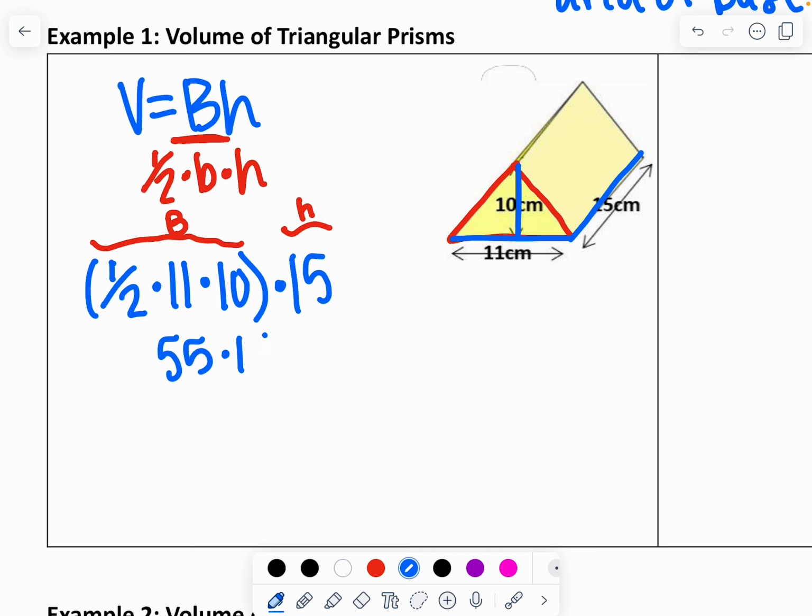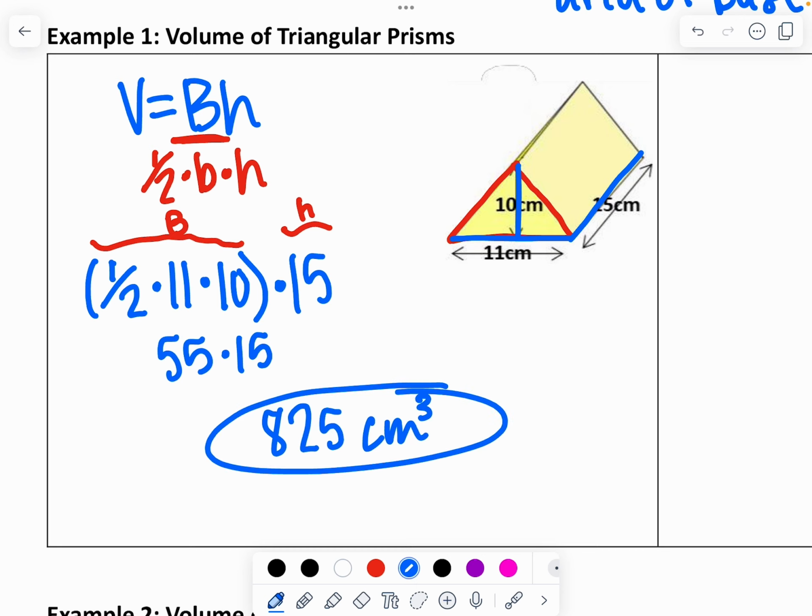So I would do 55 times 15 in my calculator, and you would get 825 centimeters, and since it's volume, our answer is cubed. And that's our answer.